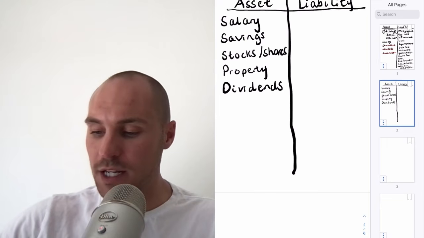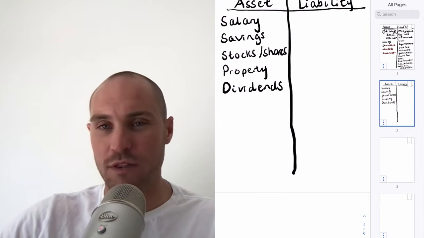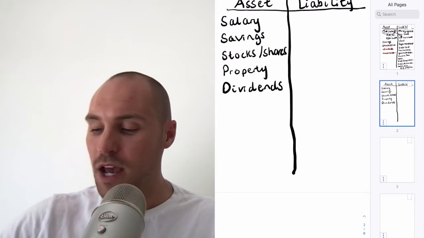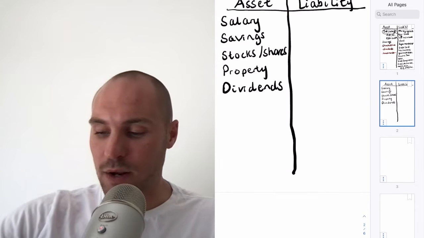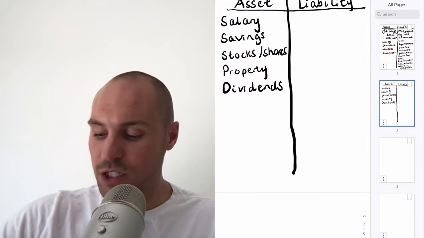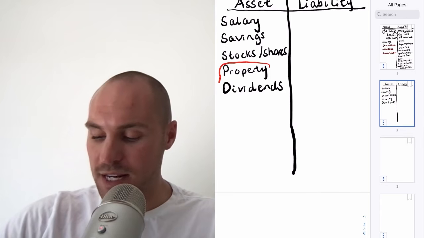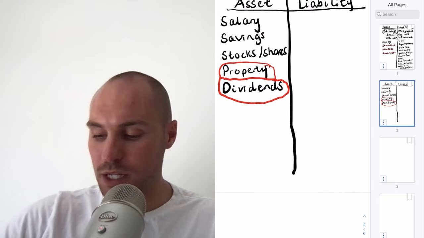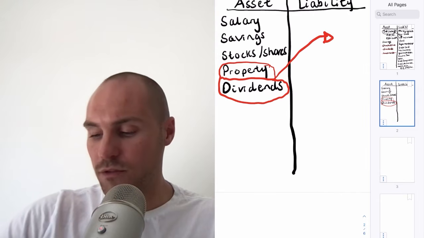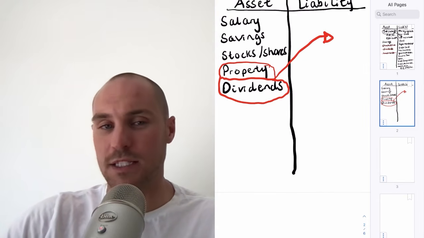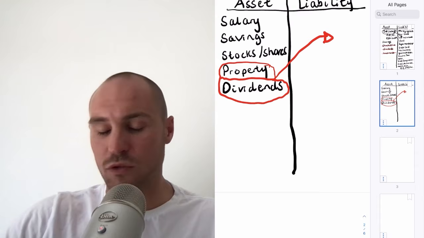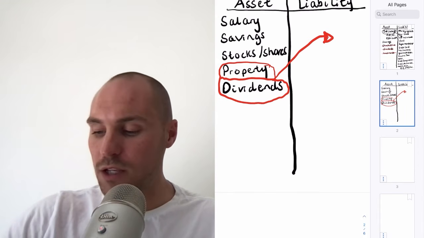Just for this example, rather than writing out all the liabilities again, what Rich Dad does is he uses property and dividends from his business and from his property portfolio. He withdraws dividends from his property portfolio and uses that to pay for his liabilities, right?